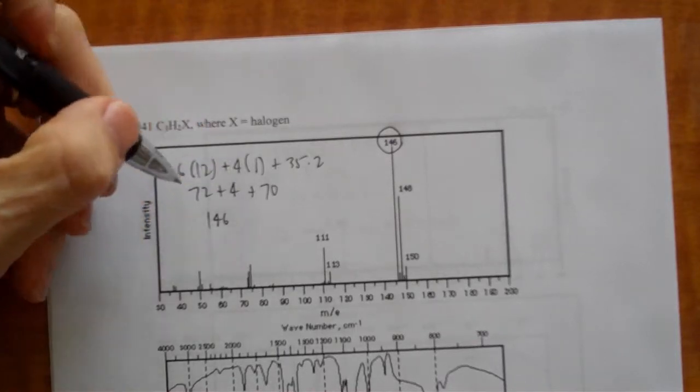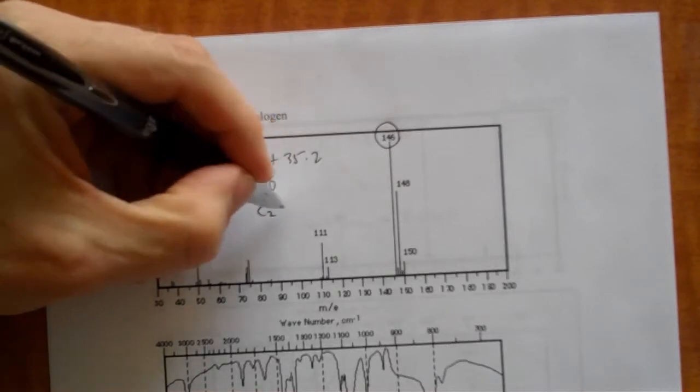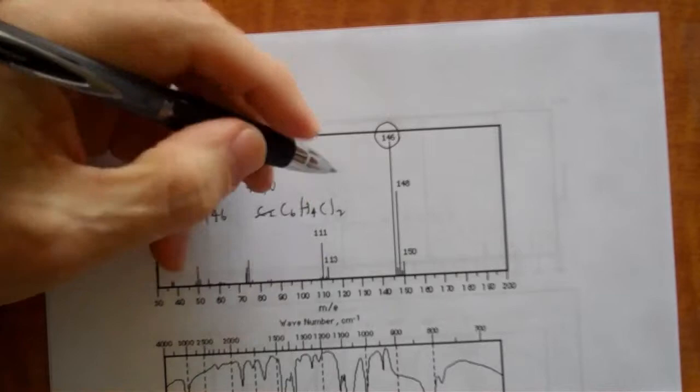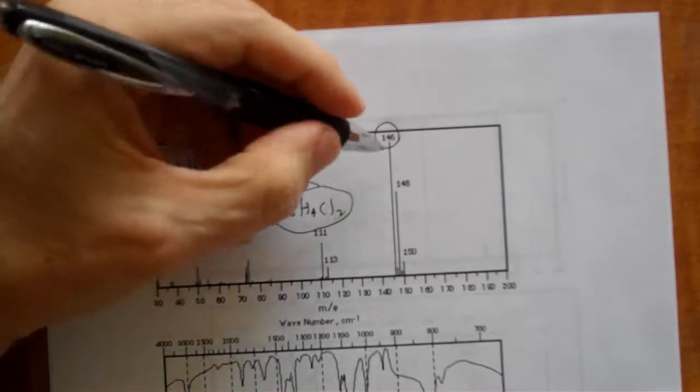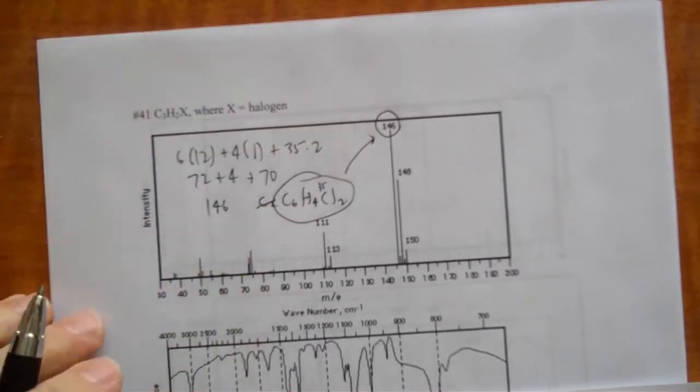In case you remember that from biology class. All right, so 146. So this is definitely it. It's C6H4Cl2. Okay? And that's if it's chlorine 35.